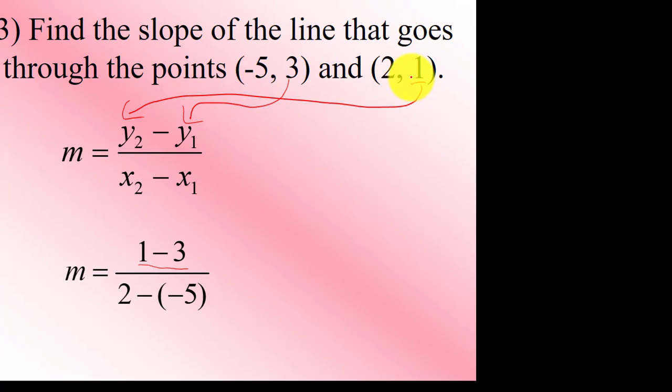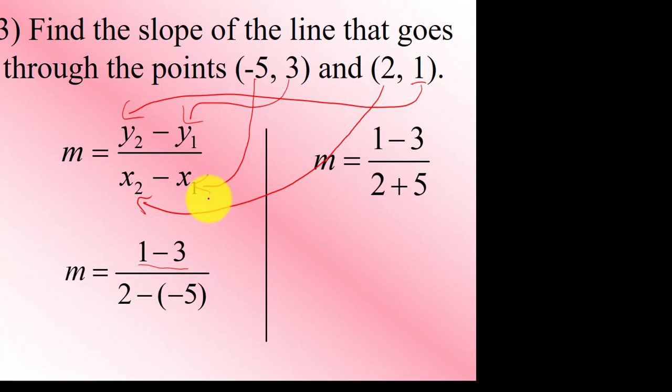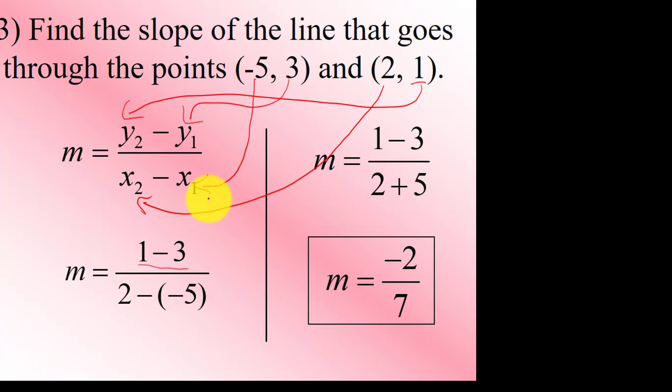If I used 1 as my y sub 2, I have to use 2 as my x sub 2, which means negative 5 is going to be my x sub 1. So on the bottom, I ended up with 2 minus negative 5. By the time I simplify that, I'm going to get 1 minus 3, or negative 2 over 7.